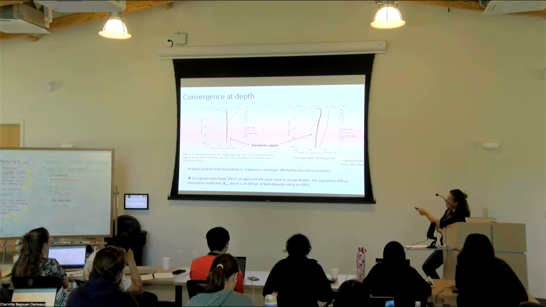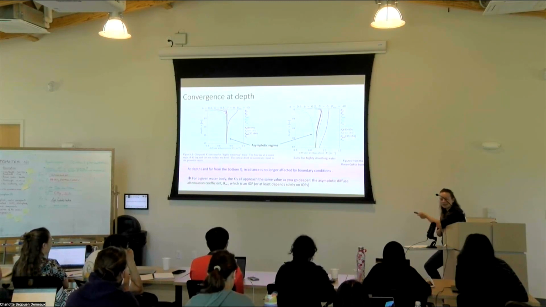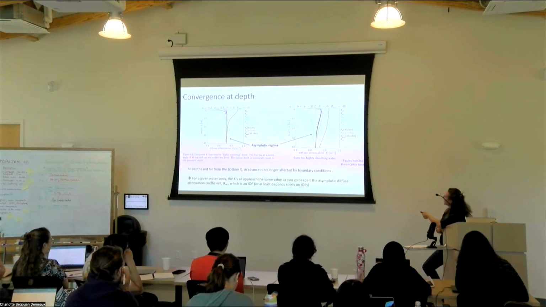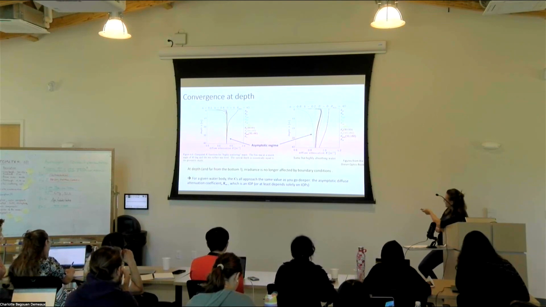Now at depth, you're no longer influenced by the boundary conditions. You're free of them, right? If you go deep enough in the ocean, you no longer see which is up and which is down. So you no longer see the sun. And so this is called K infinity, K asymptotic. We call it asymptotic K.